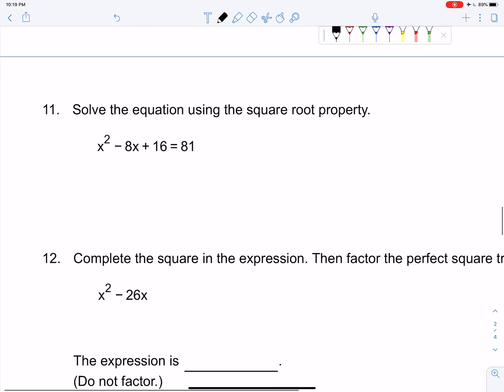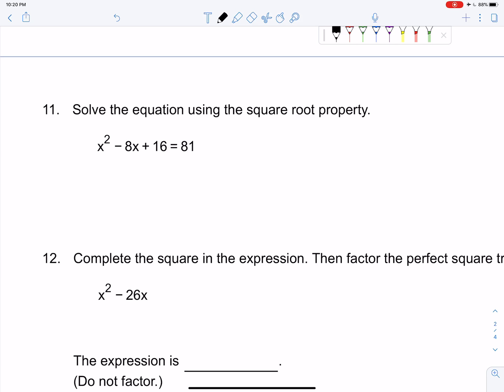Let's take a look at this next one. It says solve the equation using the square root property. Okay, something new is happening here on this one. So I really want to take a moment to look at something.